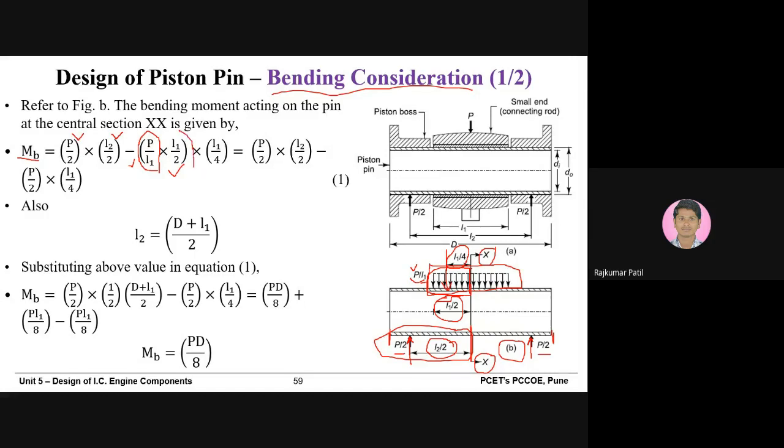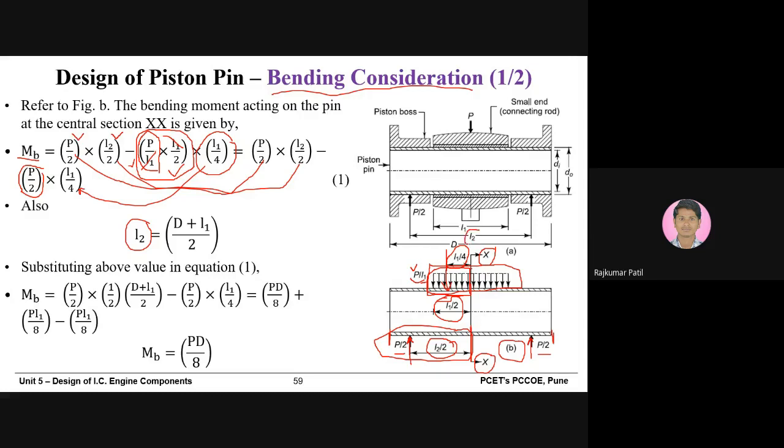So this is the point force P by L1 into L1 by 2, and the perpendicular distance is L1 by 4. Simplifying the equation: P by 2 into L2 by 2 as it is, and in the second term L1 gets cancelled, so P by 2 into L1 by 4. This is the simplified equation, but we can rewrite L2.